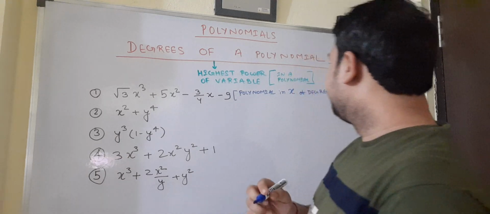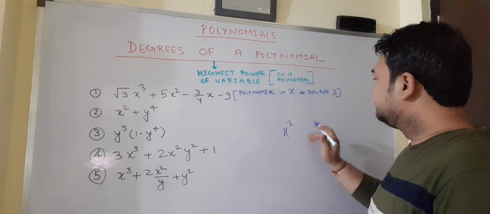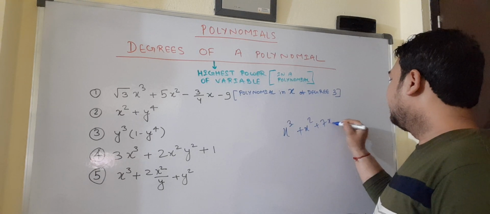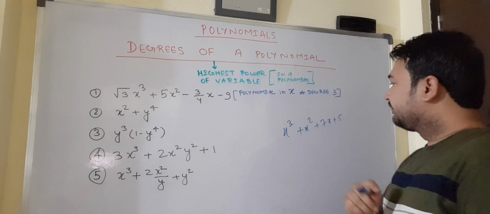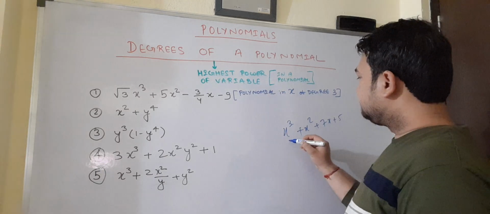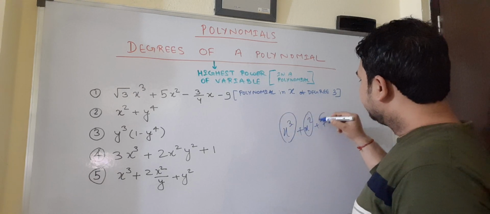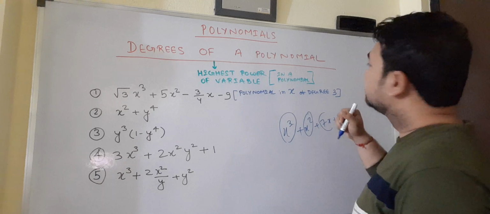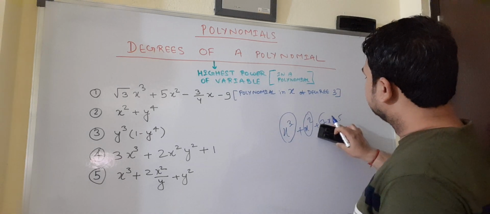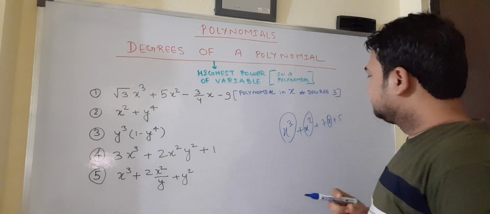So if I say x cube plus x square plus 7x plus 5, how many variables can you see? This is the variable part, this is the variable part, this again, this is a variable part.